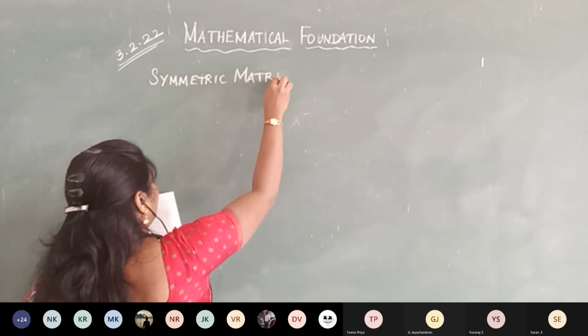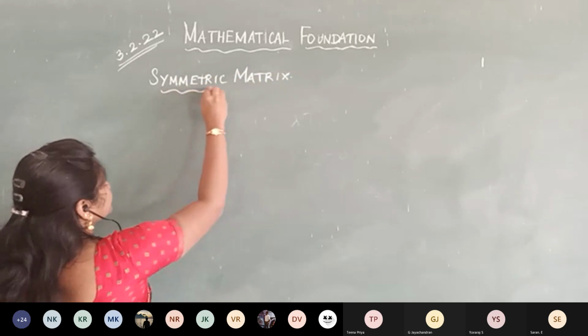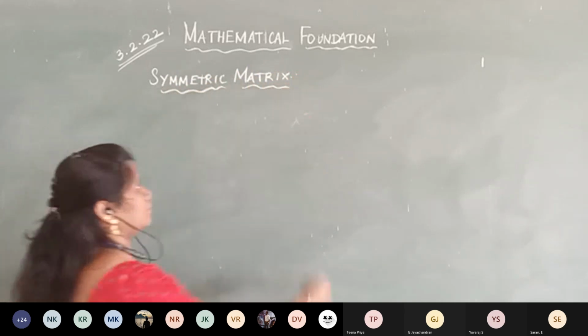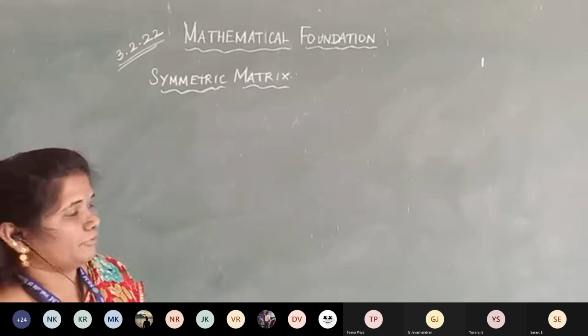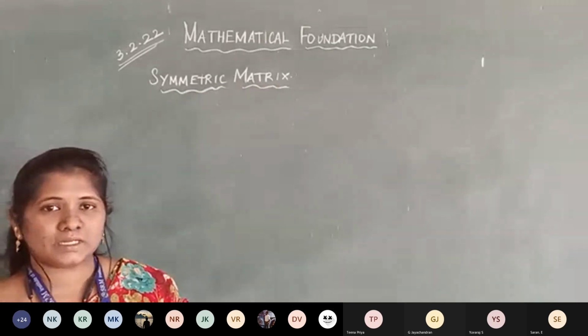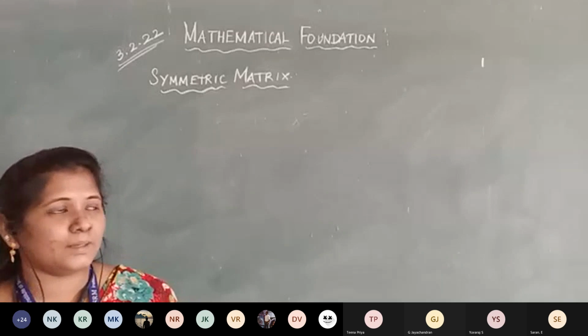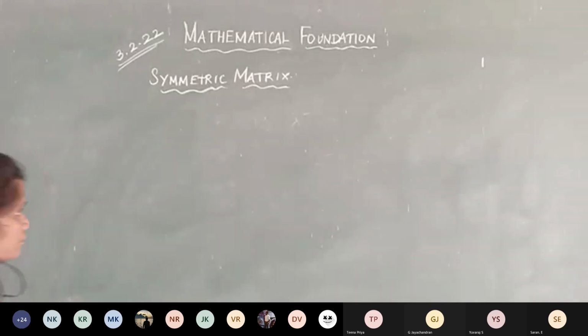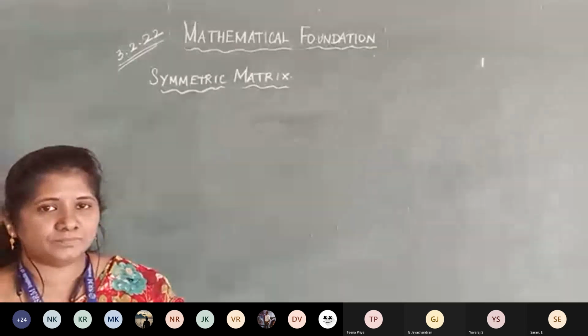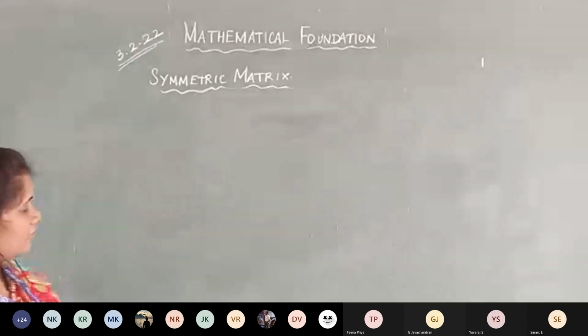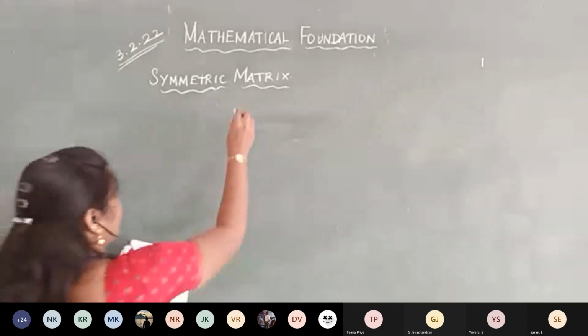Anyone knows what a symmetric matrix is? Do you remember? If you don't know the definition, at least in a problem, give me an example. Don't know? Okay, we'll write the definition, then I will give you the example.